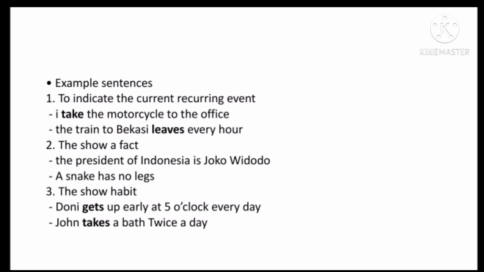To show a fact. Example: The president of Indonesia is Joko Widodo. A snake has no legs. 3. To show a habit. Example: Donnie gets up early at 5 o'clock every day. John takes a bath twice a day.